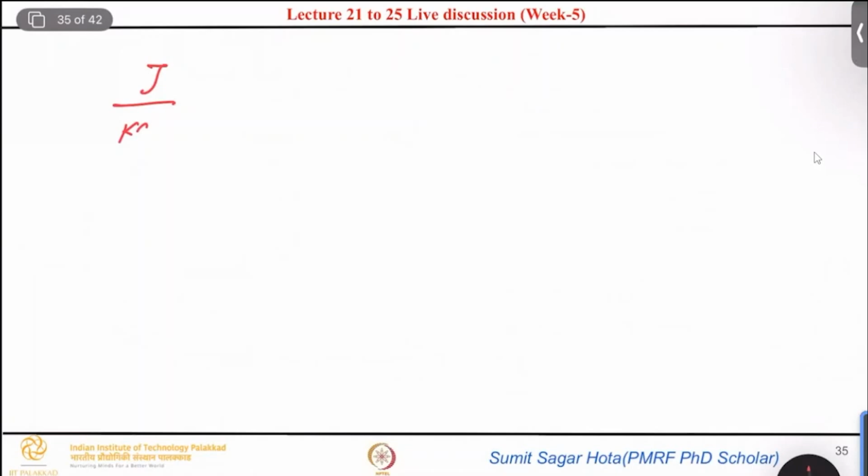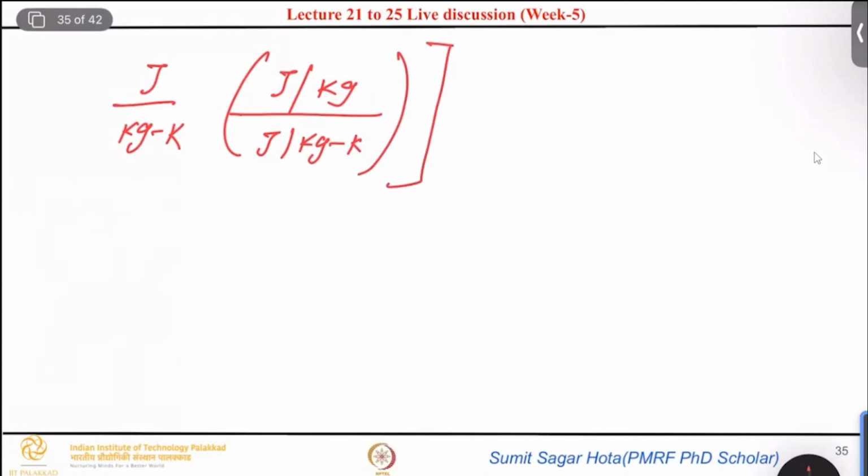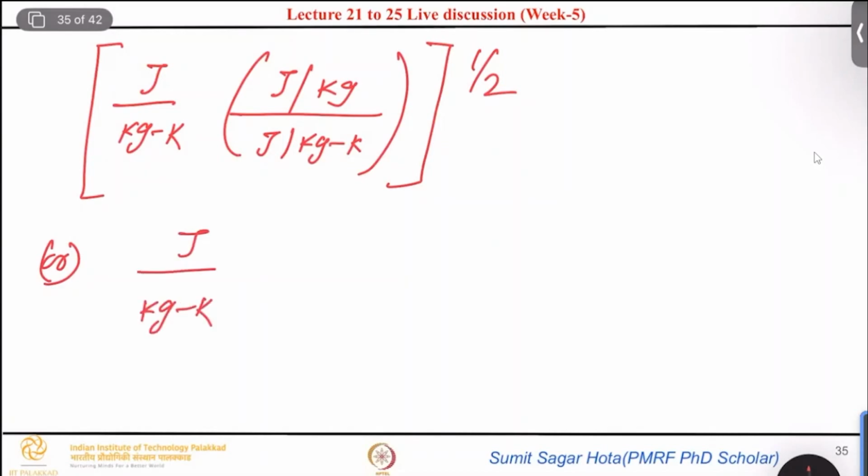Here joule per kg Kelvin into joule per kg divided by joule per kg Kelvin, to the power 1 by 2, joule per kg Kelvin into Kelvin. Kelvin gets cancelled.